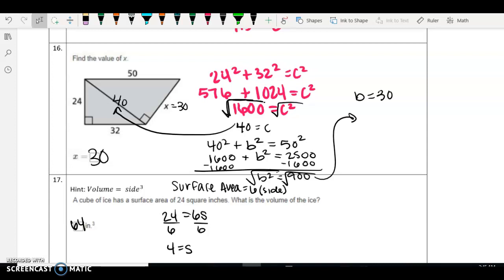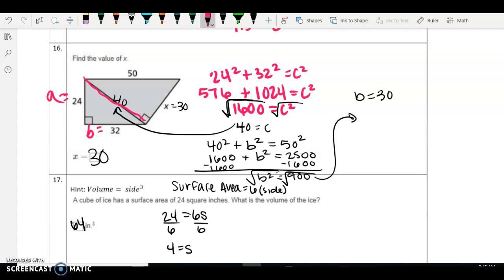All right, so first we need to find the hypotenuse of our triangle, so we're going to use this as A and this as B. And so when I plug that in, I got A squared plus B squared gave me 1600.